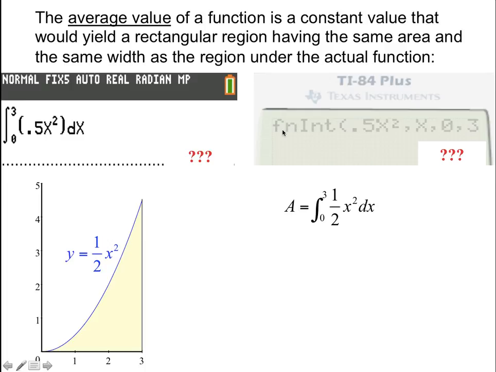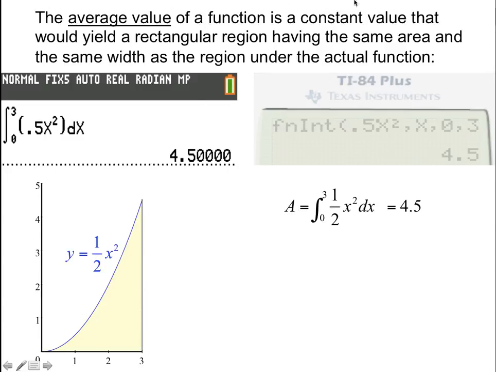Again, a math 9, and here's our half x squared, there's our integrand or our function, a dummy variable x, comma, lower bound 0, upper bound 3, close your brackets. These commas can be found on your calculator just above the 7 key. And we get an answer of 4.5. So we know the value of this definite integral is 4.5.